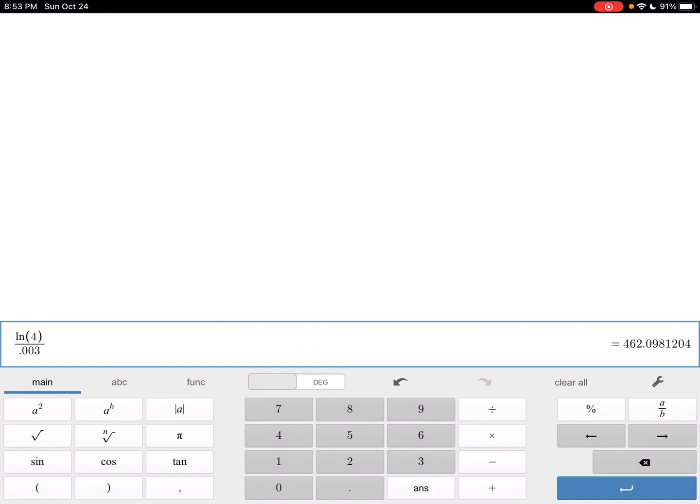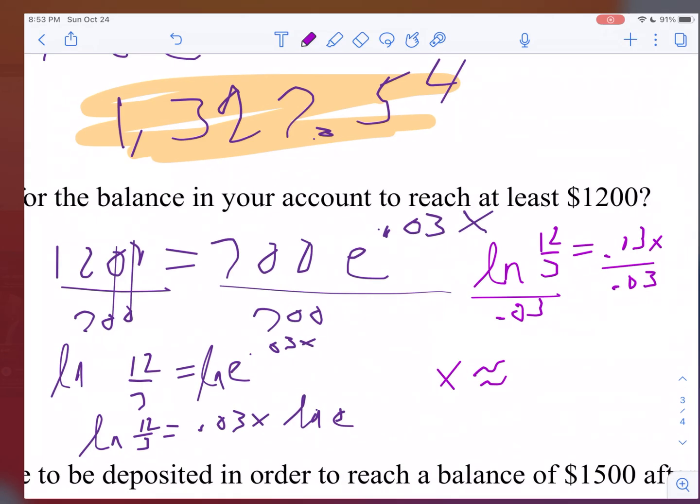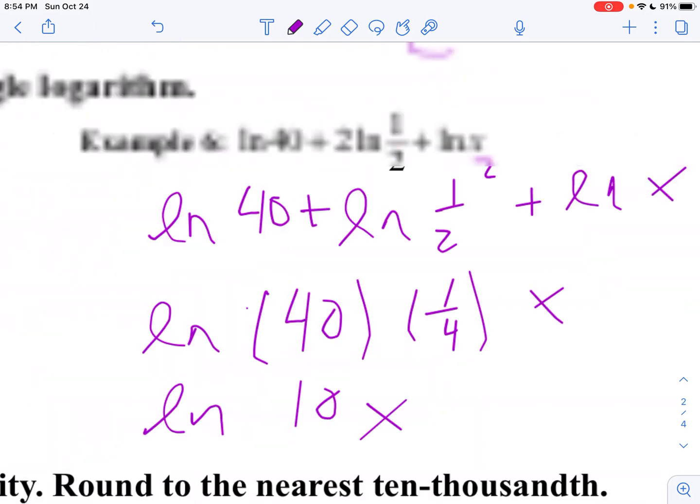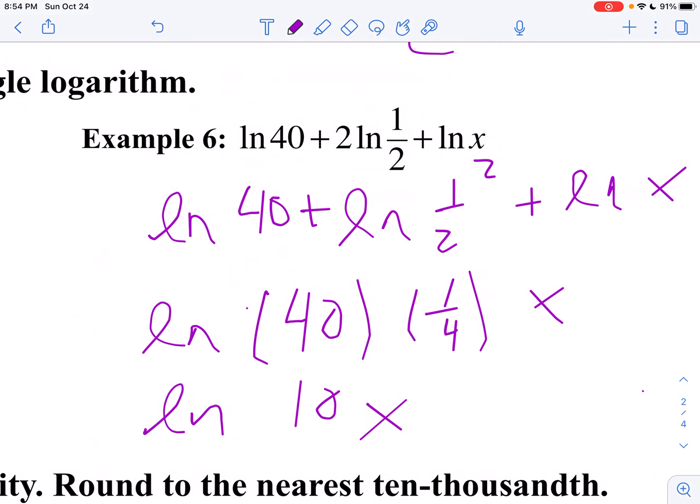Get an extra 0 in there, don't I? So the time would be 46.21, and so I would say about 47 months, because you can't have part of a month there.